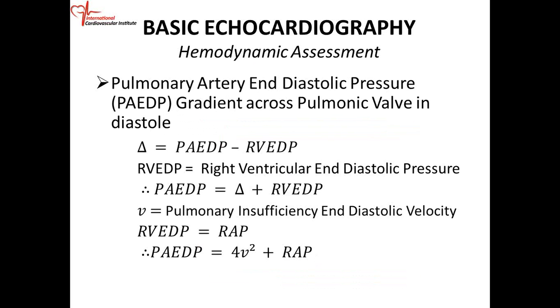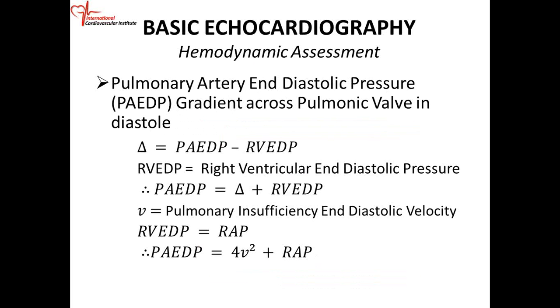You can only get pulmonary regurgitation if the pressure in the pulmonary trunk is greater than the pressure in the right ventricular flow tract. Water doesn't flow uphill unless you have a pump.